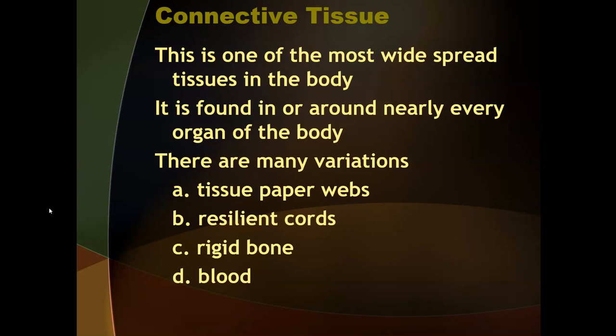Remember, when we define tissues, again, it's cells and the materials we find between cells. And let's also remember that when we looked at epithelial tissue, it was all about the cells, the shape of the cells, and the number of layers of cells.